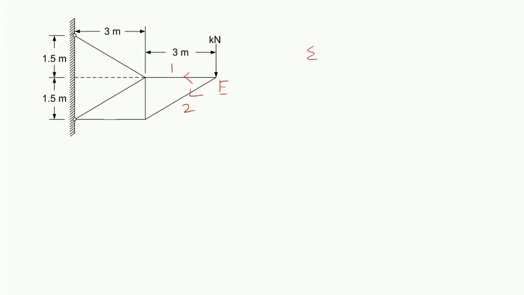Then you have to apply the another equation. Summation of all force along the x direction is 0. Minus S1 minus S2 cos 26.5 is equal to 0.